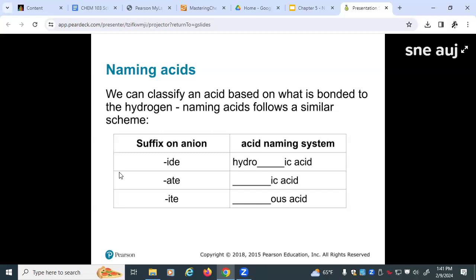So if that ion ends in IDE, it's a hydro-ic acid. And that thing that fits between the hydro and the ic is basically the root of whatever that ion was. Brom, sulfur, phosphor, whatever.